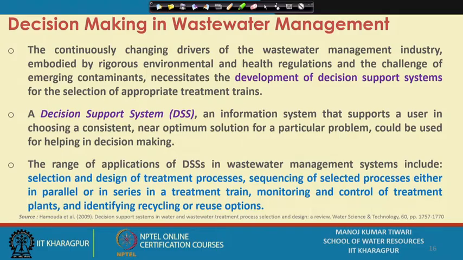So, this decision support system is basically an information system that supports users in choosing a consistent and near optimum solution for a particular problem.